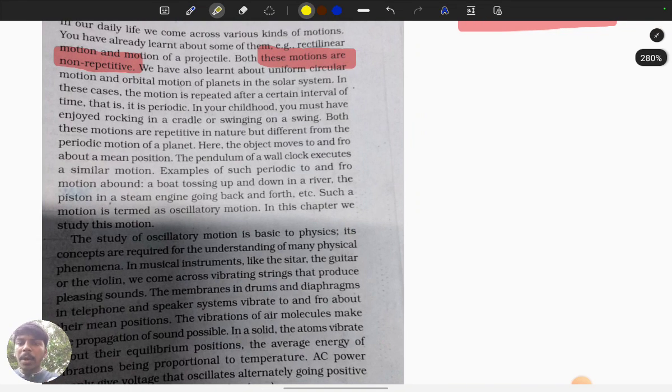So see, we have also learnt about uniform circular motion and orbital motion of planets in solar system. In these cases the motion is repeated after a certain interval of time. Means Earth is rotating itself. Okay, for example, how to explain? I'm thinking about example. Yeah, I found it. So this is Earth. Okay, Earth is rotating itself, and again it comes to its mean position when time is 5:30 in India.